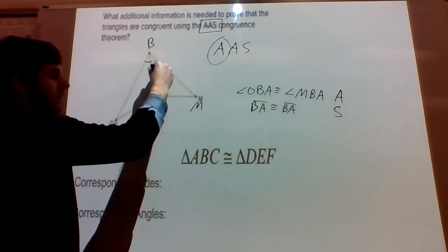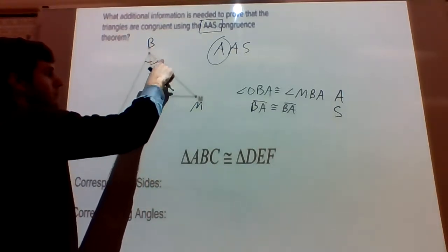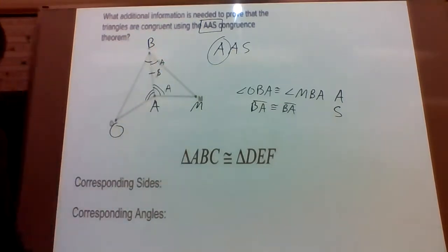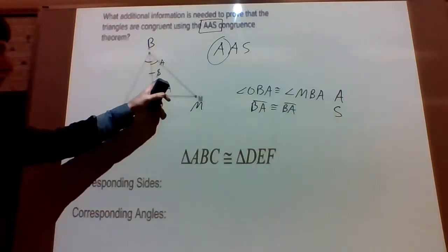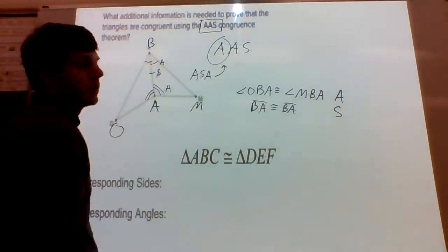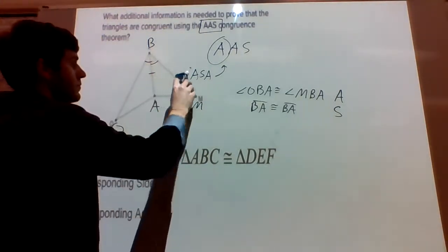This would give us side, or sorry, angle side angle. Okay, this would give us angle side angle. We're not looking for angle side angle. We're looking for angle side. Okay.